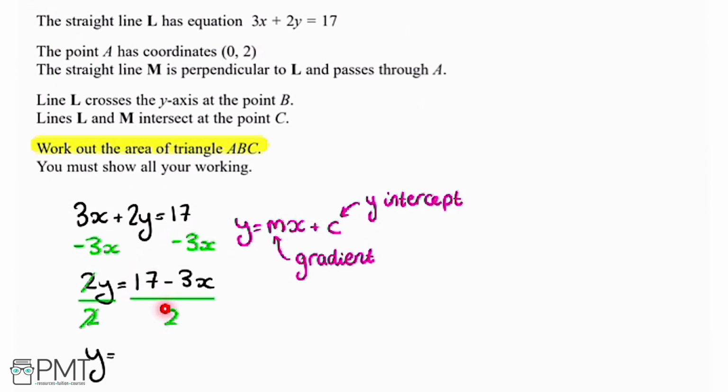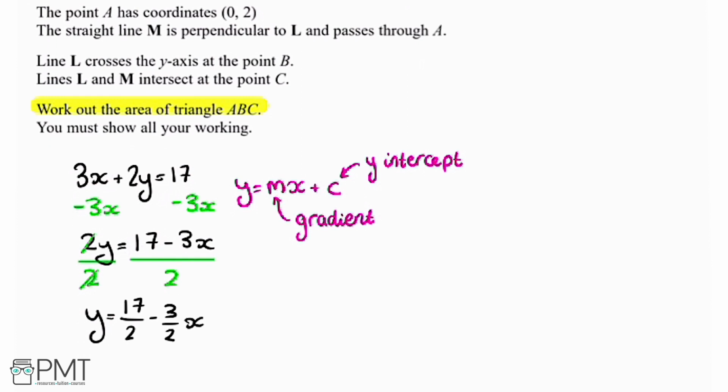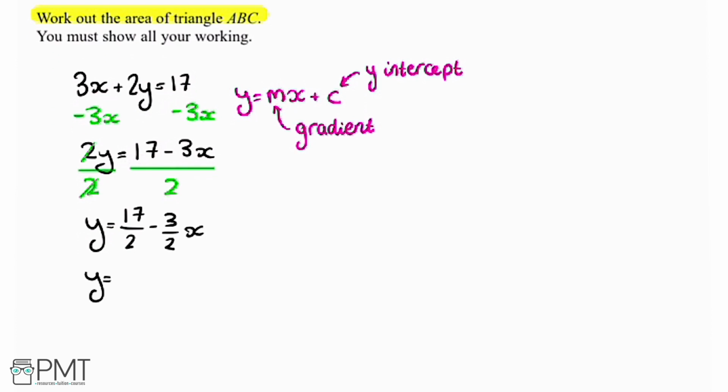And we're going to have 17 divided by 2, so 17 over 2, and then we'll have 3 over 2 x. Now if I write that the other way around, it might be a bit clearer. So we're going to have y equals minus 3 over 2 x plus 17 over 2. So this here is line L, but in a form you might be a bit more familiar with. So we can tell that the gradient of line L is minus 3 over 2, and the y-intercept is 17 over 2.